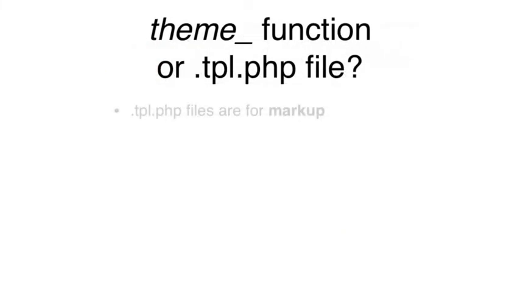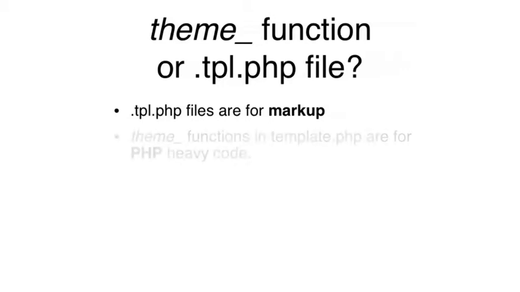So when do you know to use a tpl.php file or to use your template.php file with theme functions and preprocess functions? First bit to think about, a tpl.php is for markup. It's for HTML and very, very simple print statements only. This is the kind of file a designer could pick up and go, okay, I need to change this div to an H2 and work with that.